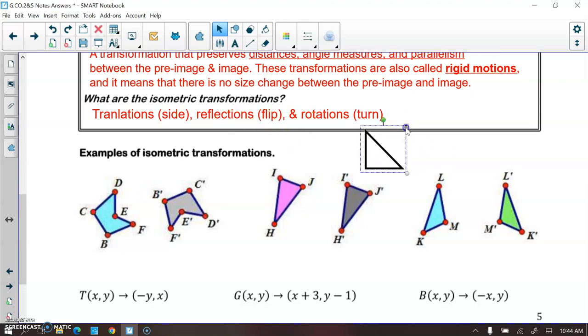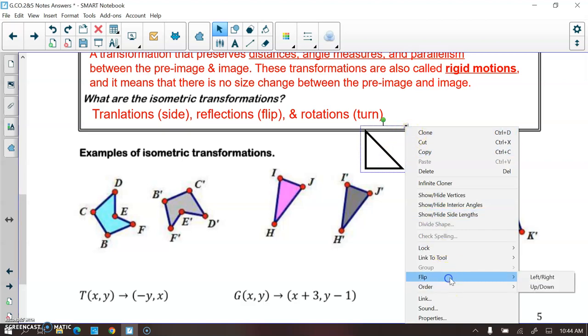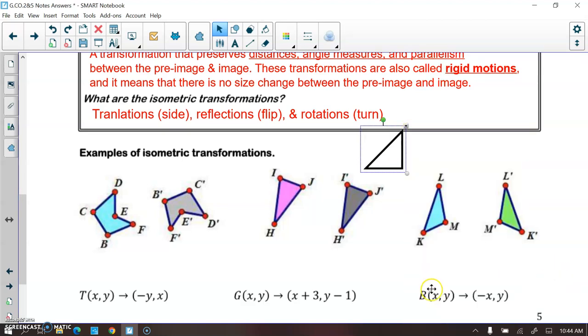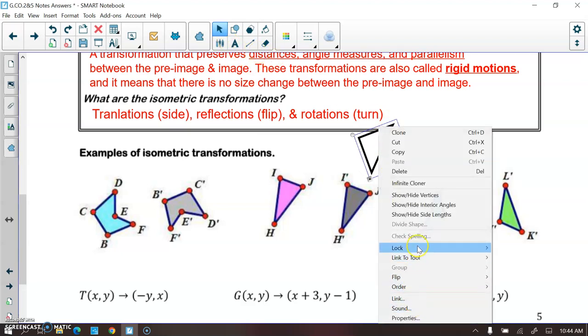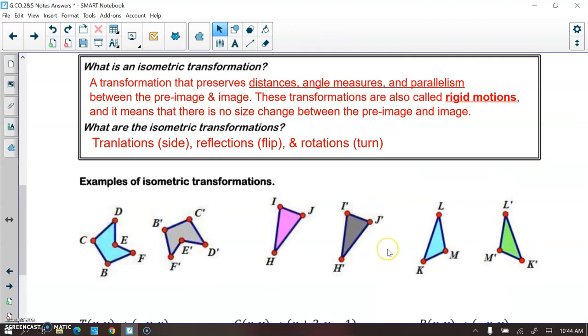So if I took this triangle and I flipped it, that would be a reflection. And then lastly, a rotation is just we turn the object. So I take this triangle and I turn it. All right, that's a rotation. So all three of these are isometric transformations.